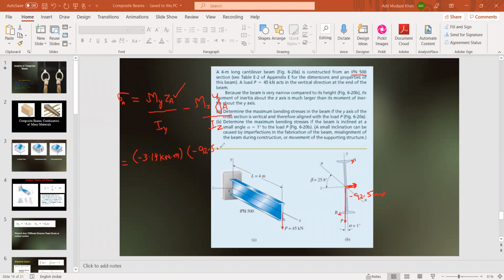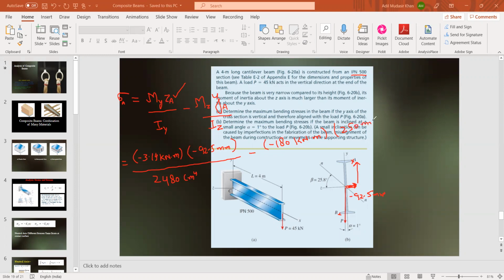Dimensions of the beam are always given because it is a standard beam. How much is its moment of inertia about the y-axis? That is also given: 2480 centimeter raised to power 4. How much is the moment along the z-axis? We have already calculated that: minus 180 kilonewton meter, multiplied by YA. How far is point A from here? It is 250 mm, because for this IPN 500 the total distance is 500.